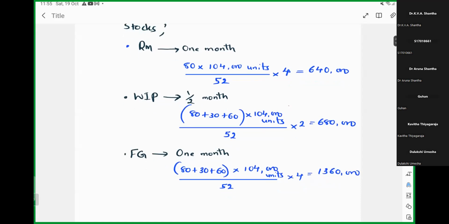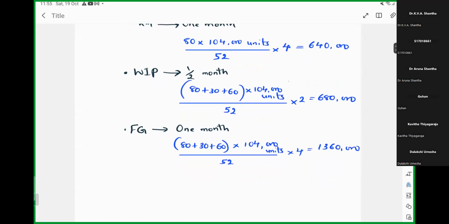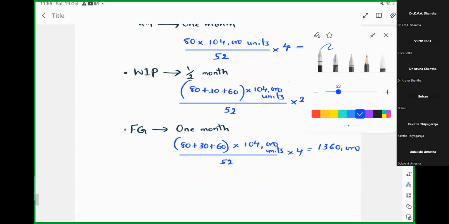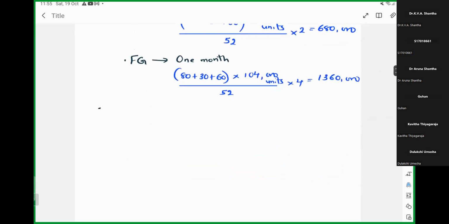Now you have to take the current assets. Then trade debtors, trade receivables. Now the question says for trade receivables, the credit period given to customers is 2 months.